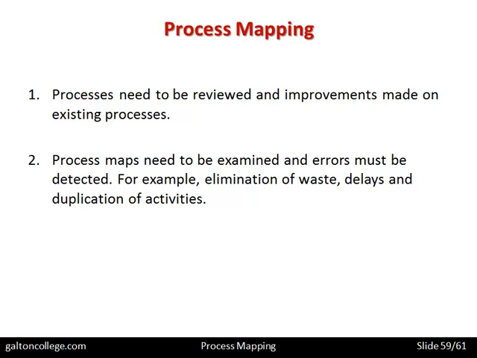Bottlenecks and delays are a big issue, so it's important to understand how long the process takes. Each sub-process, how long does it take before it moves on to the next part of the overall process? And if it's taking a long time, it might be that it has to wait for its turn to go on to the next machine.